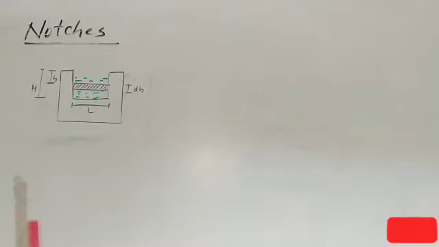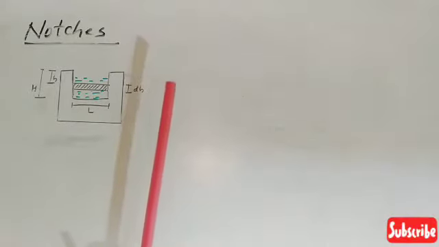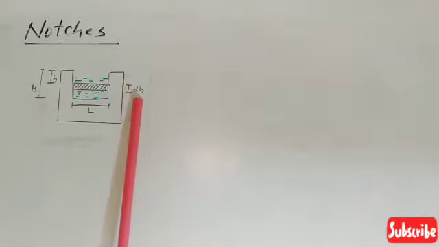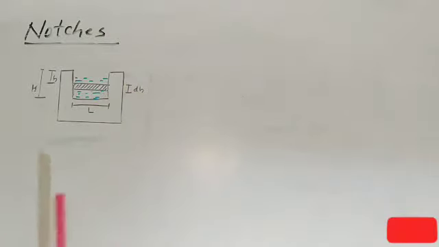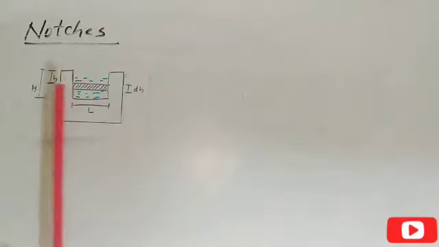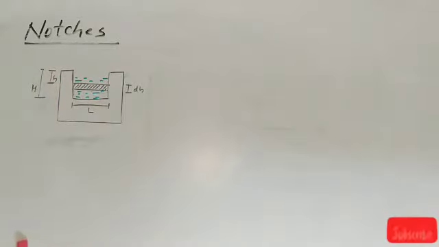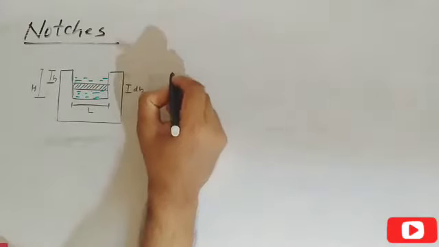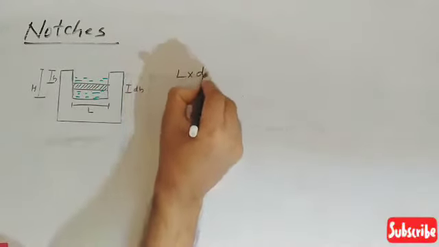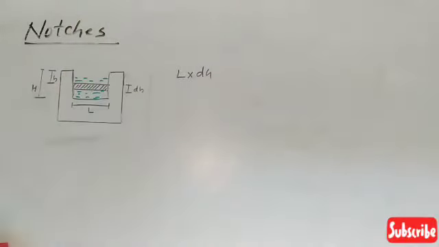Let us consider a small elemental horizontal strip of thickness dH and length L at a depth of H from the free surface of the water. The area of this elemental strip is given by L into dH.